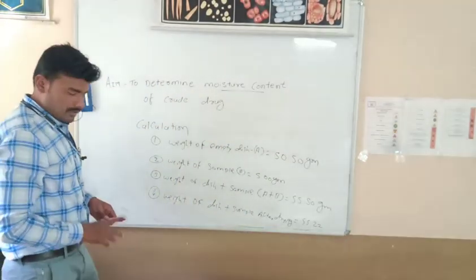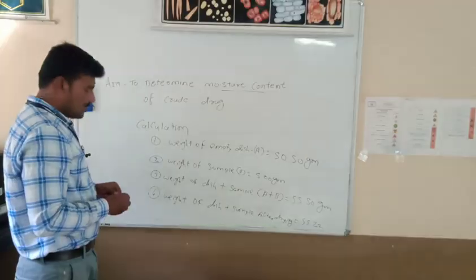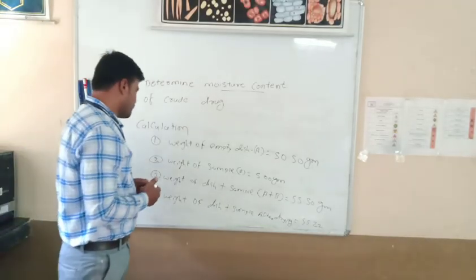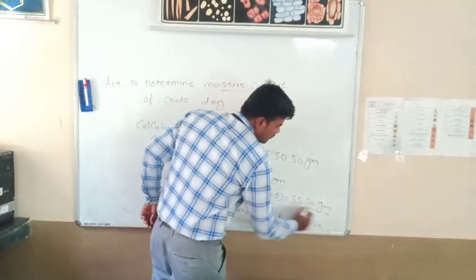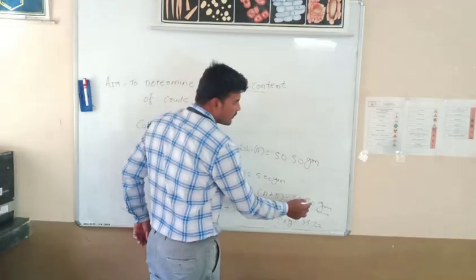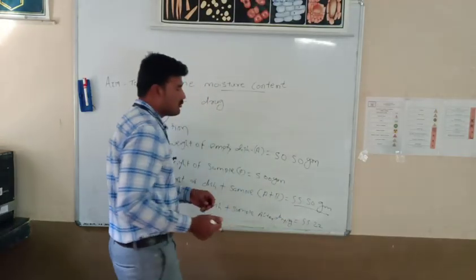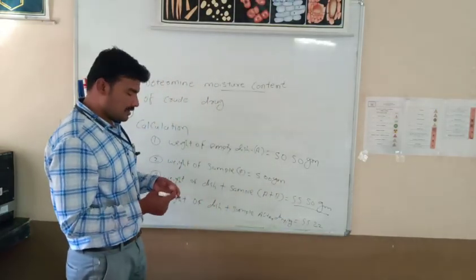So these are the parameters we got during the practical. This is the weight before drying, 55.50, and 55.22 after drying.